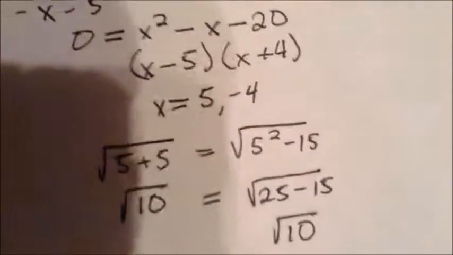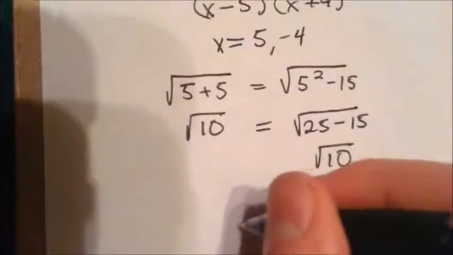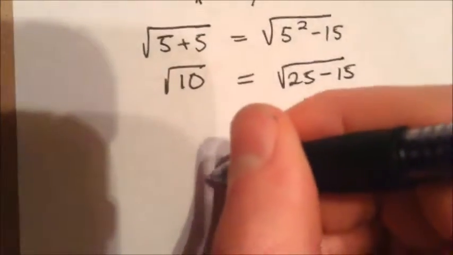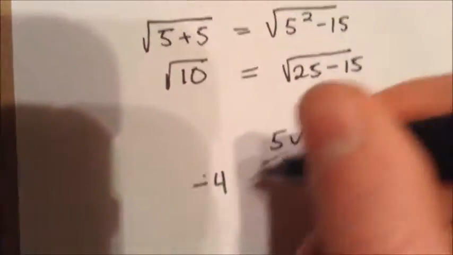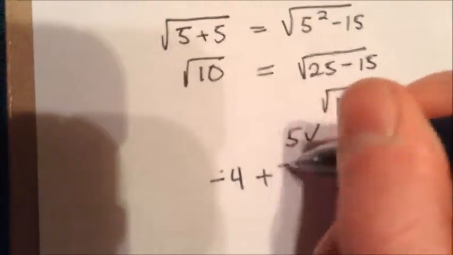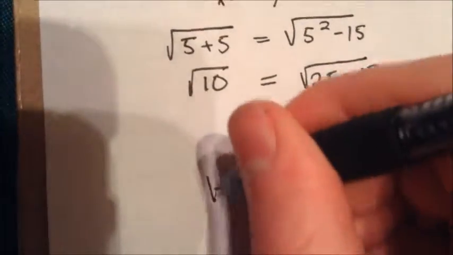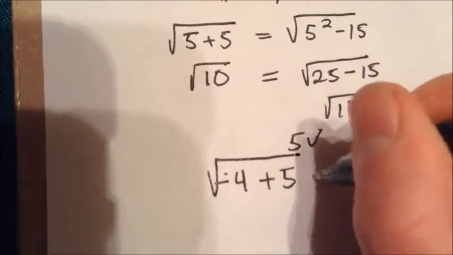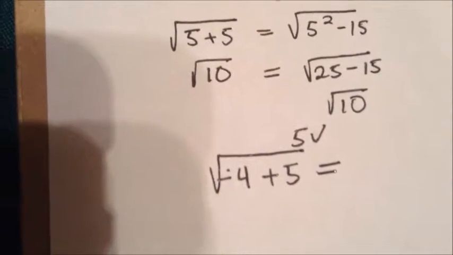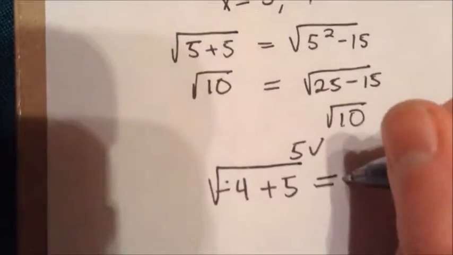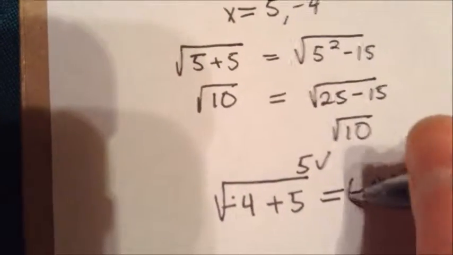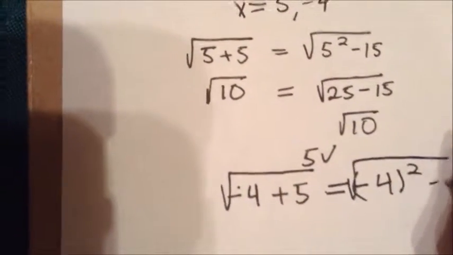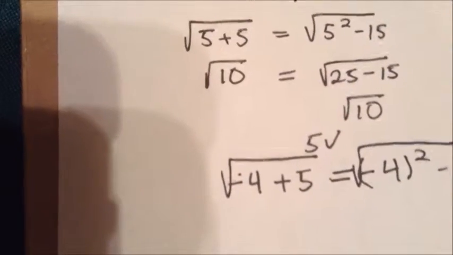Now we take our second answer, negative 4, and plug that in. So negative 4 plus 5, take the square root of that, equals negative 4 squared minus 15 under the square root.